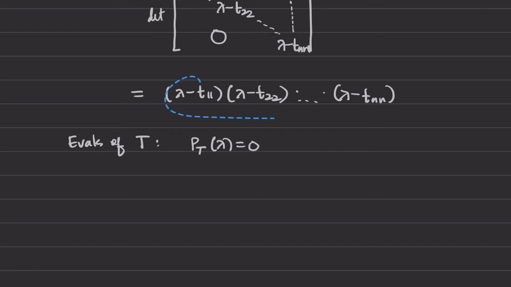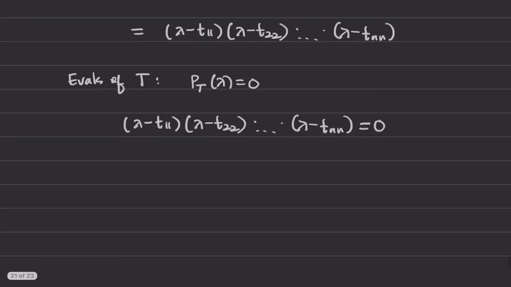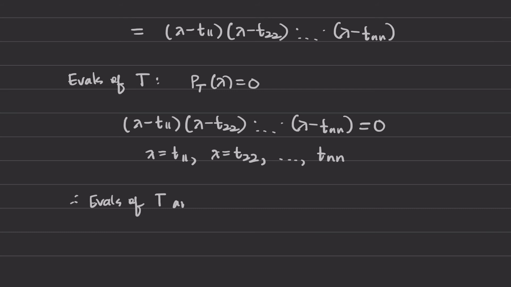Okay, so copyhin na nga lang natin to. So, magkakaroon ka ng equate each factor to 0. So, merong lambda equal to t11, lambda equal to T22 hanggang umabot ka ng TNN. Okay, so yung eigenvalues ni T are T11, T22, up to TNN.